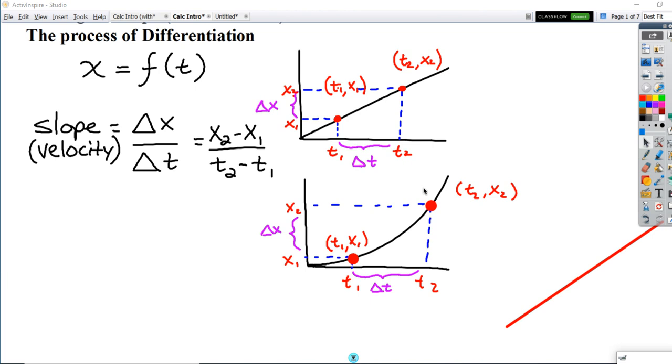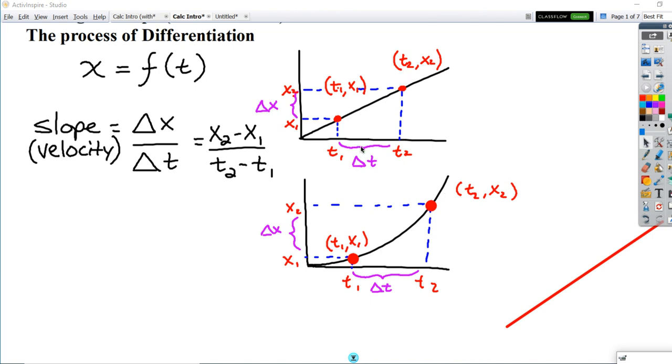So what we learned about this last year is that objects that produce a parabola on a position versus time graph are said to be accelerating, or changing their velocity over time. The evidence of this is the fact that the slope is changing over time.